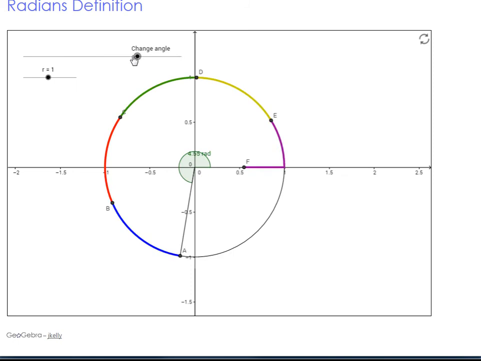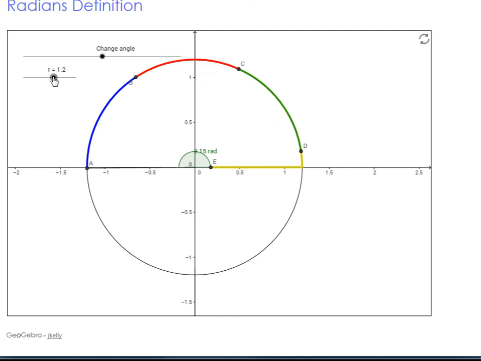Now, one of the neat reasons why we like the idea of measuring things in radians is because of this. It doesn't matter what the size of the radius is. We can take any circle and go 180 degrees around, and when we do, we have always gone pi radians. It does not matter what the radius is. In this particular circle, the radius is 1.